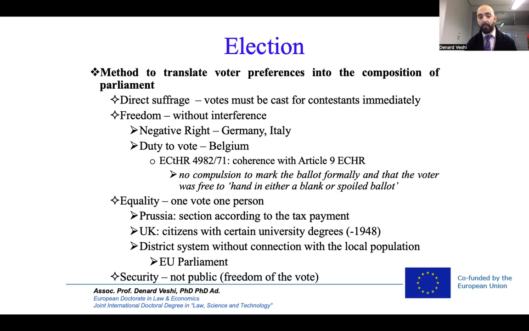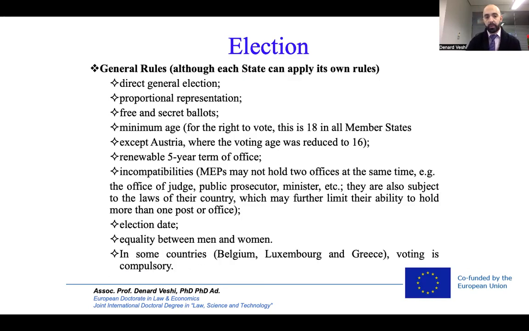Equality means one person, one vote, and secrecy means not public. And through the fact that it is secret, the freedom to vote is also codified. The general rules, as I stated before, are the same as those applied in the case of the national parliaments.